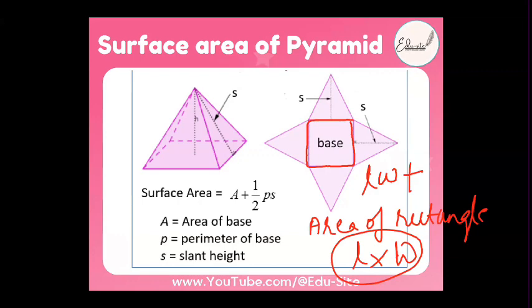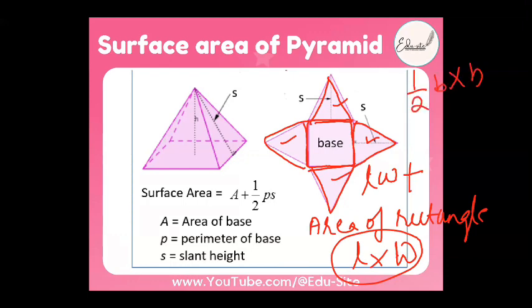Plus, what we are going to do is calculate the total areas of the triangles. How many triangles are there? One triangle, two triangles, three triangles, four triangles. Can we not, instead of writing half into base into height for each triangle, write it together? What are these four sides?